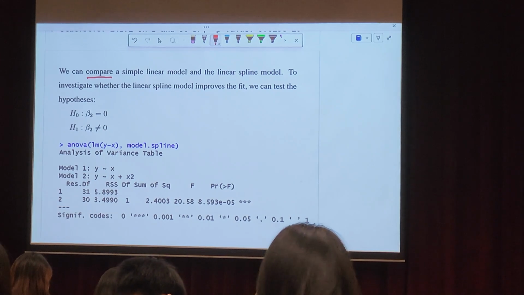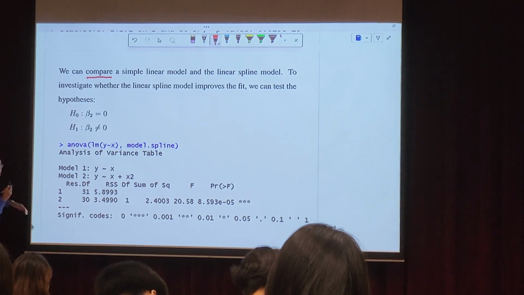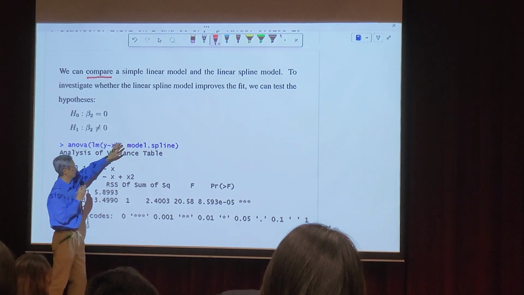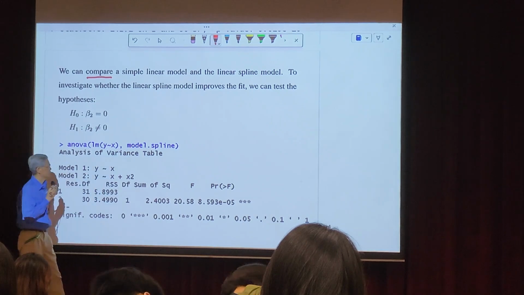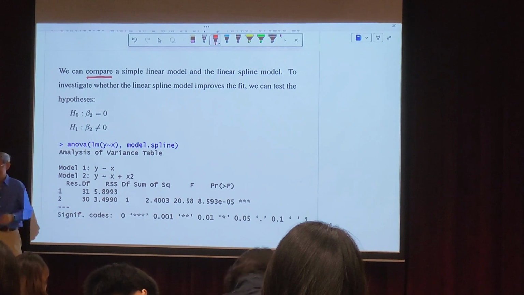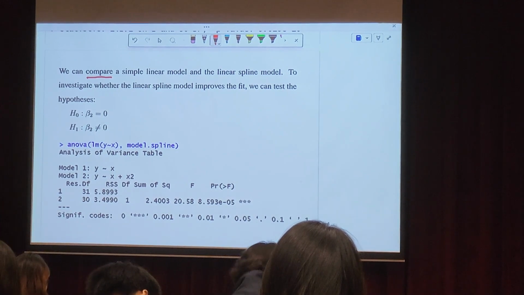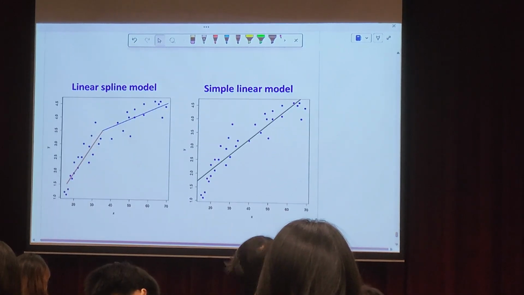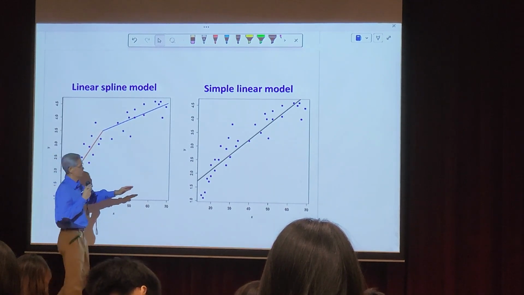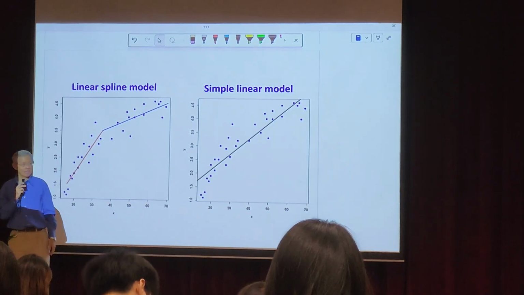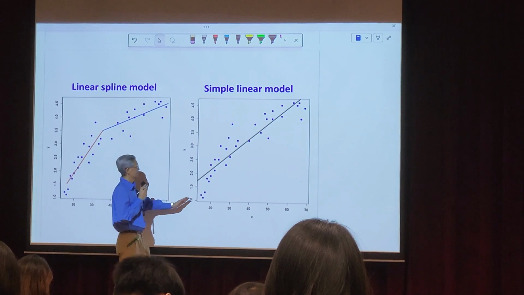And so here, I compare the simple straight line model with the linear spline model. And it's highly significant. It tells me that this linear spline model is better than this. Obviously, you can see it's better, right? Look at how bad the fit is here.